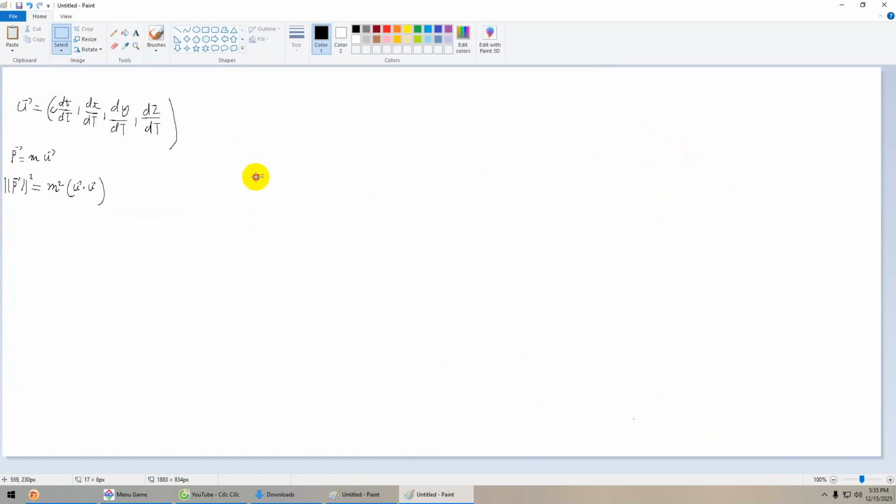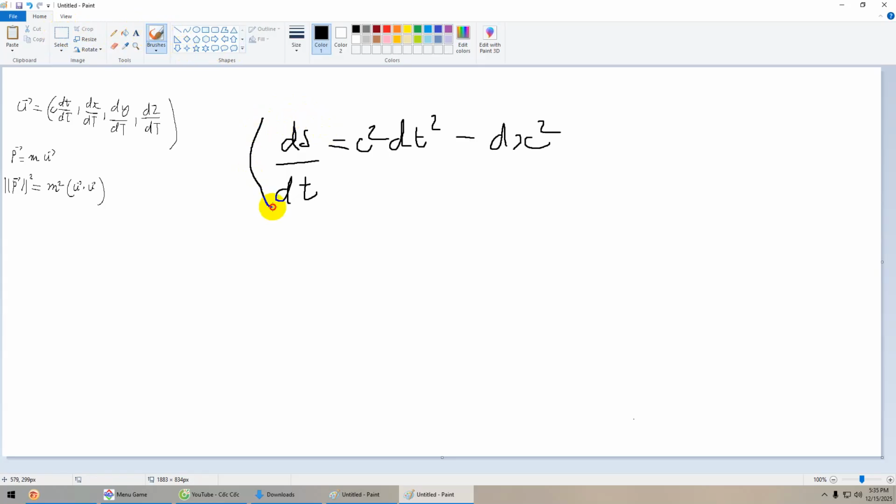We remember the geometry relationship, which is tiny distance squared equals c squared dt squared minus dx squared. Then we can take the derivative of this. We can derive for dt squared as well. So we can make this term a derivative squared.